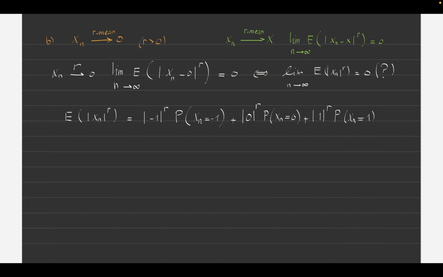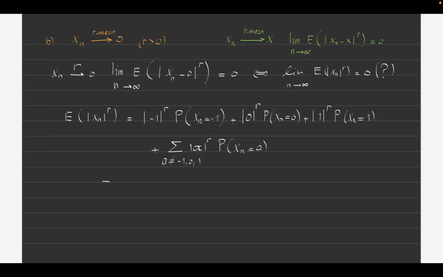But there might be other possibilities which I'm not sure which numbers are there, but I don't need to know them because I can write it collectively as a sum of the absolute value of a to power r times the probability that xn equals a, if a is not equal to minus 1, 0, and 1.